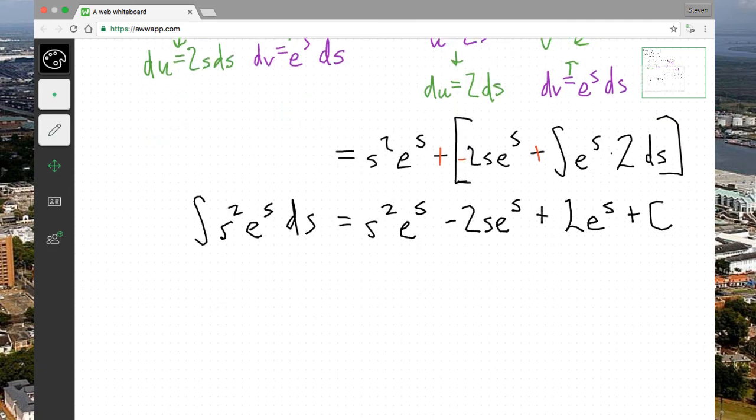And then at this very last step, I will rewrite it as the integral from 0 to 1 of s squared e to the s ds.